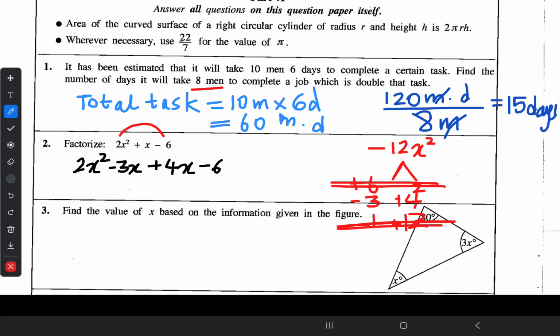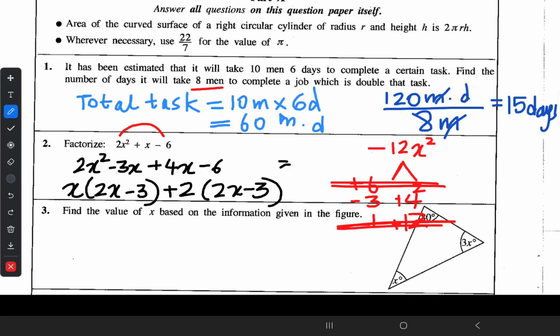For the first two members, we can select x as a common factor. Thereafter, we will have 2x minus 3. In the second set of binomial values, we can select positive 2 as a common factor. Thereafter, inside the bracket we will have 2x, 4x divided by 2, and negative 6 divided by 2, which is negative 3.